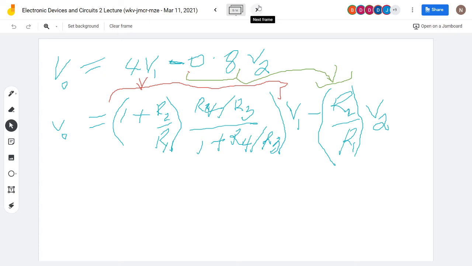Are we seeing that? Yes, sir. So what it's telling me is that I can say R2 over R1 is supposed to equal what? 0.8.